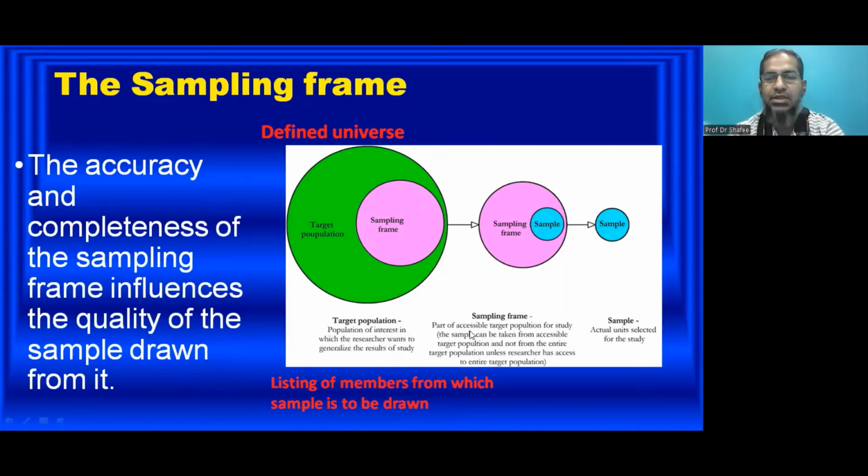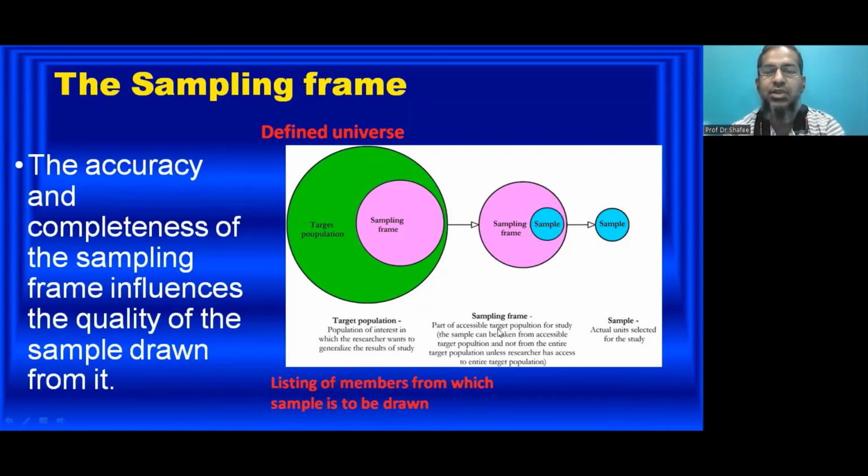Then the sampling frame is a part of the accessible target population for the study. Like in this example of hypertension in a village, the village is the target population. The sample can be taken from the accessible target population and not from the entire target population, unless the researcher has access to the entire target population.